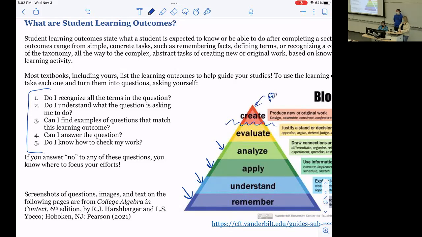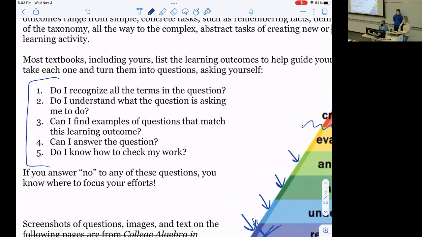Create is more like a capstone or a portfolio course situation, but these lower levels are all fair game. Usually the remember level is implicitly tested by, hey, do you know how to use a formula to solve this?